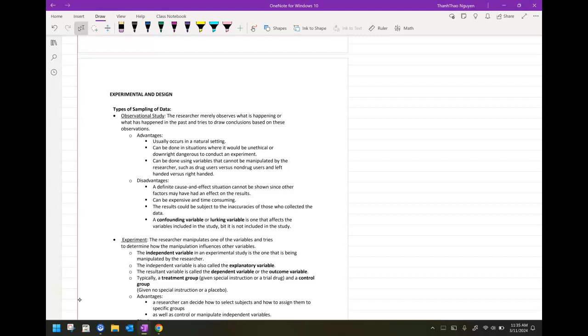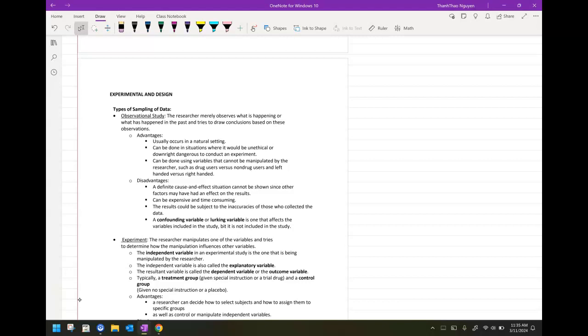It can be expensive and time consuming because you have to pay someone to observe that. And in order to make the data meaningful, you have to observe for a long time. The result could be subject to incurable inaccuracies of those who collect the data. Well, you could miscollect data. You could make a mistake copying it out, then entering the wrong number into the computer.